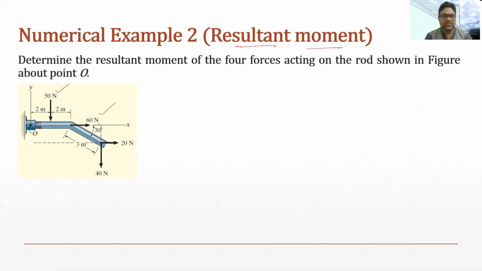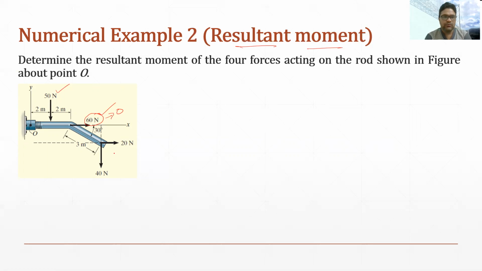You can see the line of action of the 60 Newton force passes through point O, which means there is no perpendicular distance between the line of action and point O. So the moment created by this force will be zero, because there is zero distance. Or we can say that the 60 Newton force is basically a concurrent force.